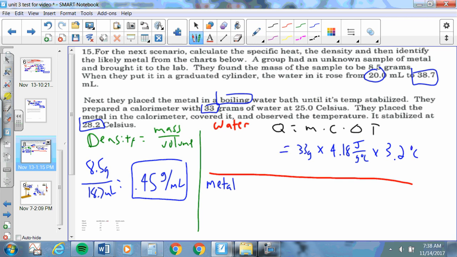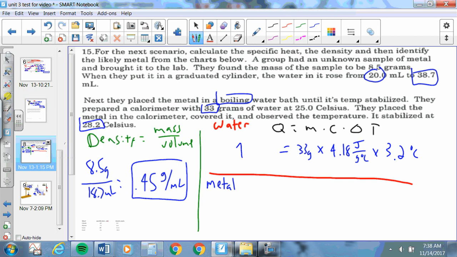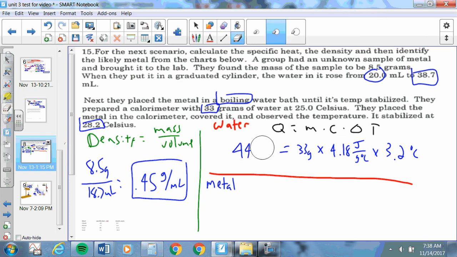So when I put that into the calculator, 33 times 4.18 times 3.2, that water gained 441 joules of energy, because grams and grams, degrees Celsius, they all crossed off. Where did it come from?